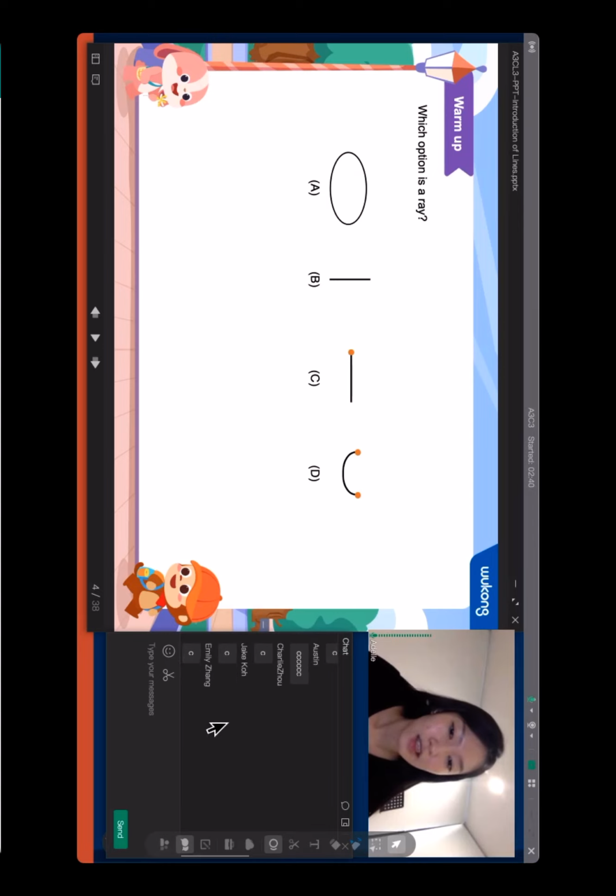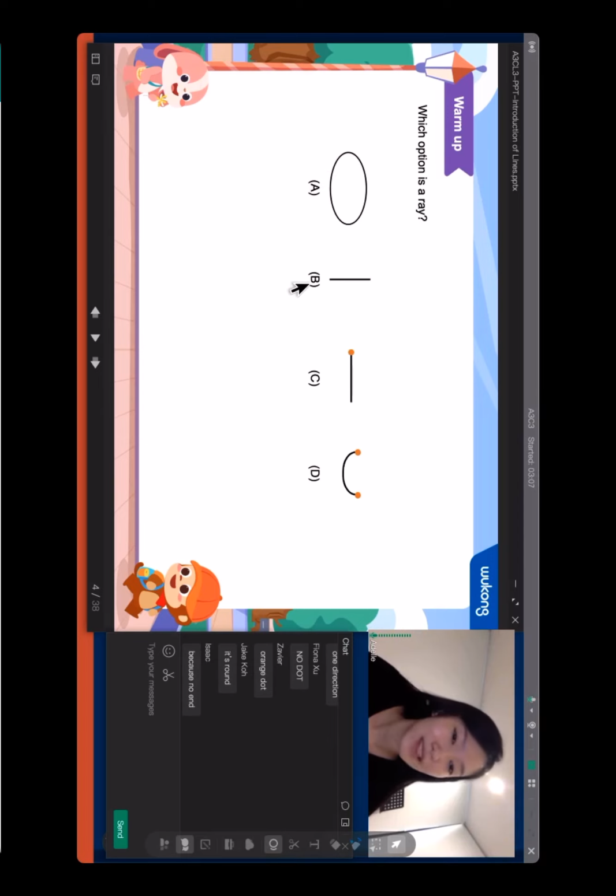Okay, so I can see a lot of C, which is the correct answer here. Why is C correct? Because we can see an orange endpoint here, right? And then a line starting from it. So that satisfies the requirement of being a ray. Why don't we say A is a ray? Because first, we don't see an endpoint, and second, the line doesn't extend in one direction indefinitely, right? It closes up.